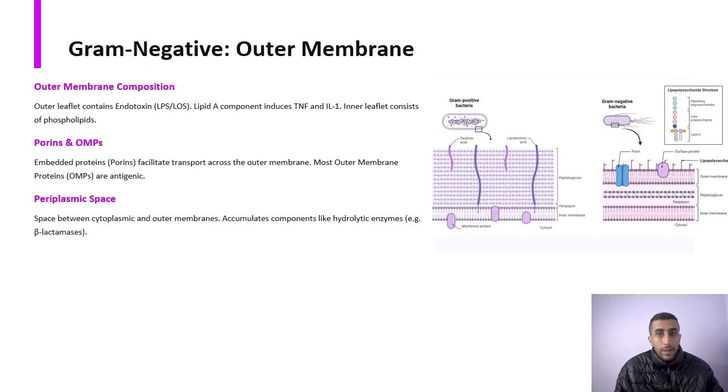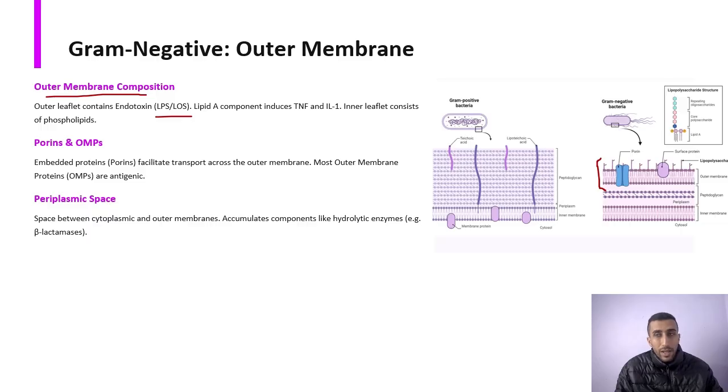Here starts the first difference between gram-positive and gram-negative bacteria, which is the outer membrane. The term outer membrane is unique to gram-negative, so there is no equivalent outer membrane for gram-positive. The outer membrane also has something unique, which is called lipopolysaccharide slash lipooligosaccharide. This is very antigenic.